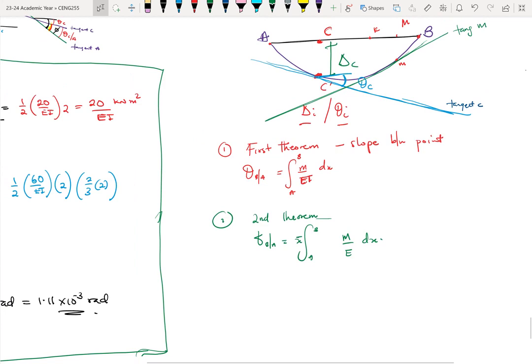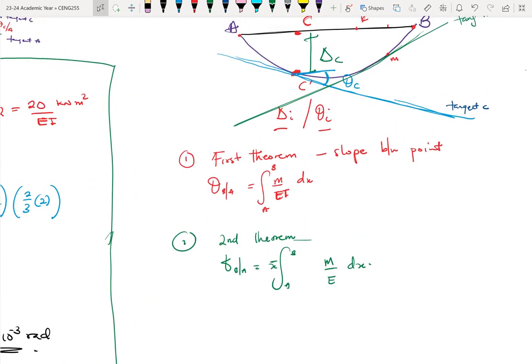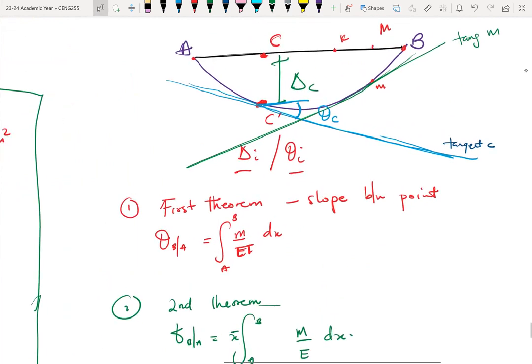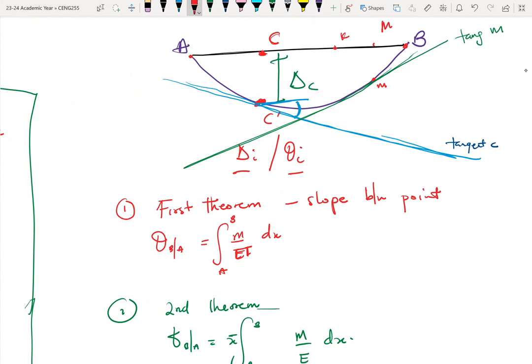Okay, so let's go back. With the first theorem, I now have these two tangents, tangent M and tangent C. They intersect at this point right here.